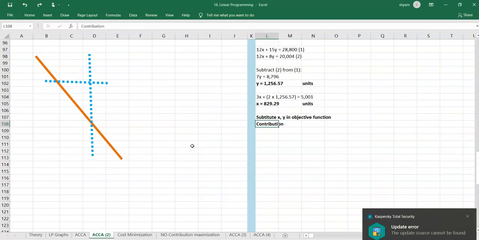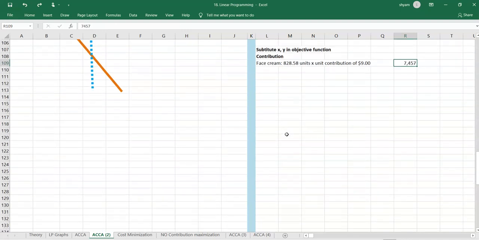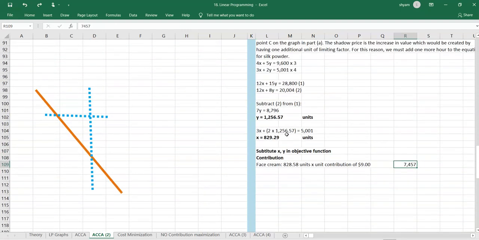So let's get the new contribution here. The new contribution is going to be, so face cream is 828.58. I think that is the old contribution. So let's get that.